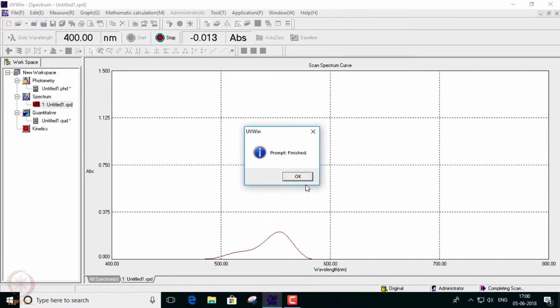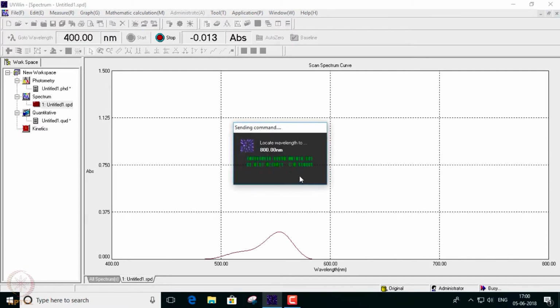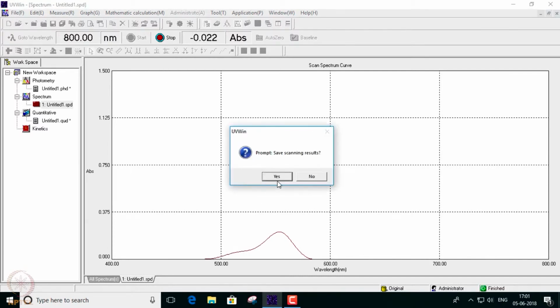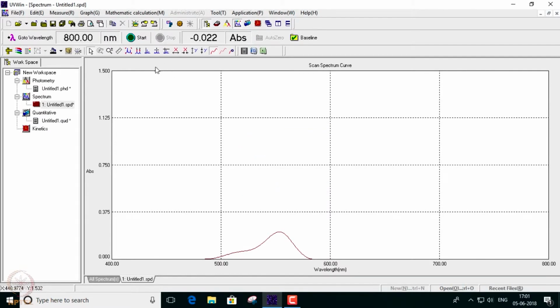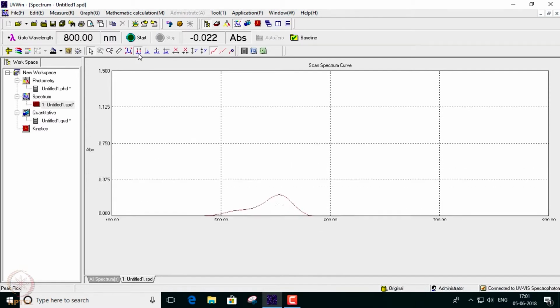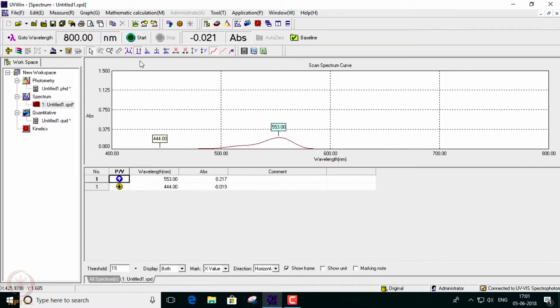Now that the measurement is complete, we will save the scanning results. And if we select this option called peak pick, we will be able to know the lambda value, the wavelength value where the absorption is maximum. So the value turns out to be 553 nanometers for rhodamine B.